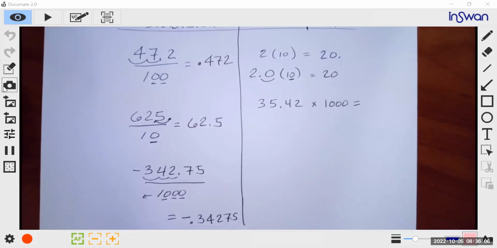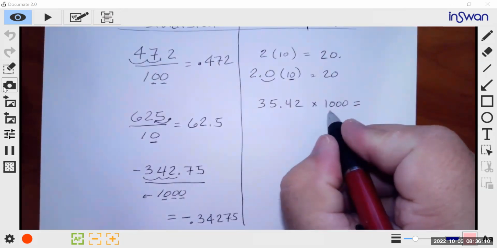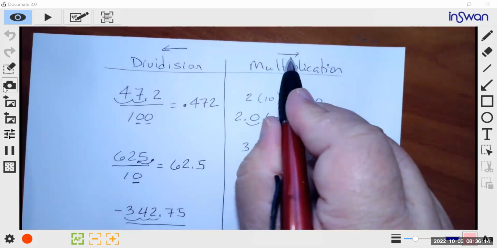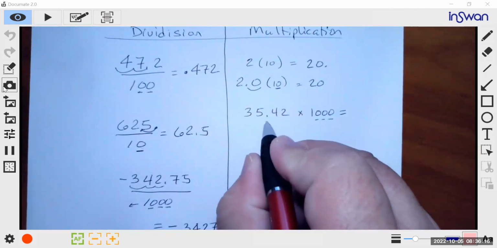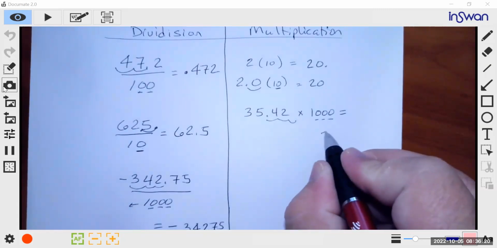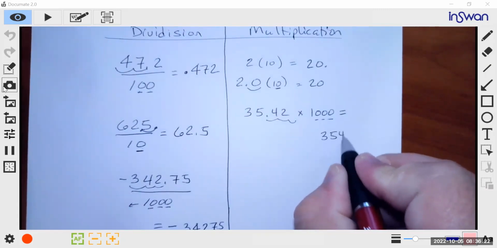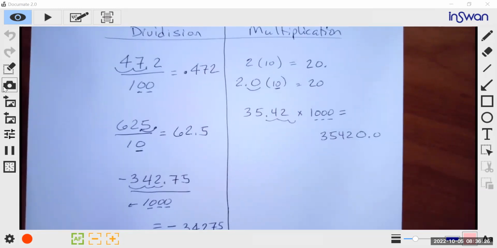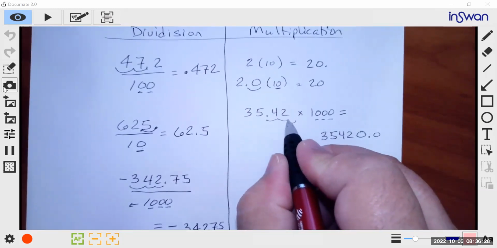Which direction? 1, 2, 3. Since it's multiplied, we go to the right. So 1, 2, 3. So we have 35,420, because I have to put another space there.